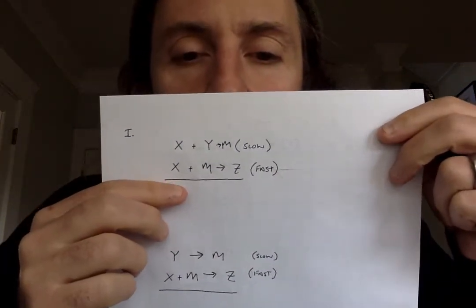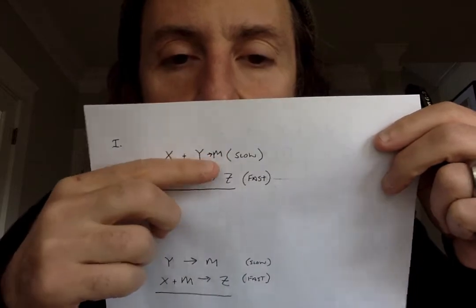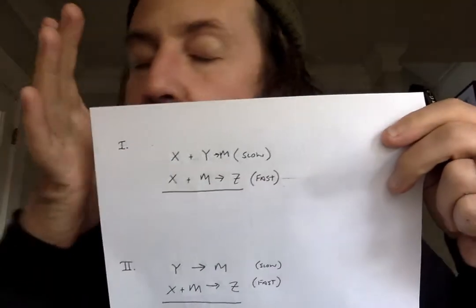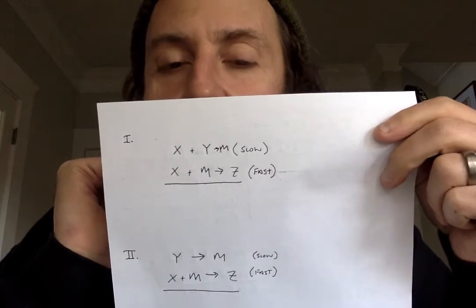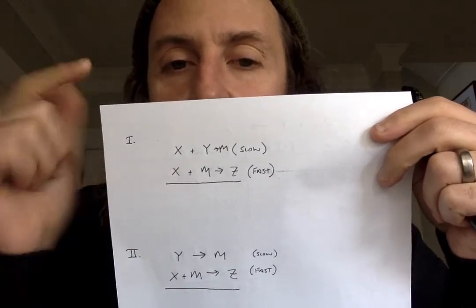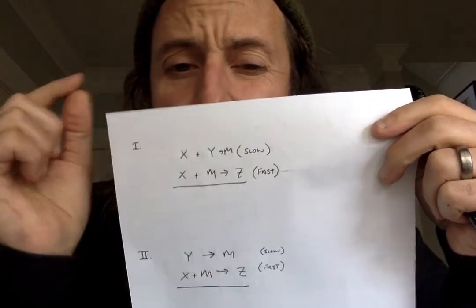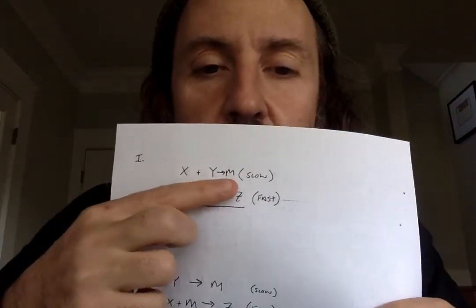So mechanism 1, the M is an intermediate. It is something that is formed and consumed in the reaction. It crosses off because you see it's a reactant here and a product here, even though my arrow is real sad looking. You see that it is a product here and a reactant here. So, cross it off.